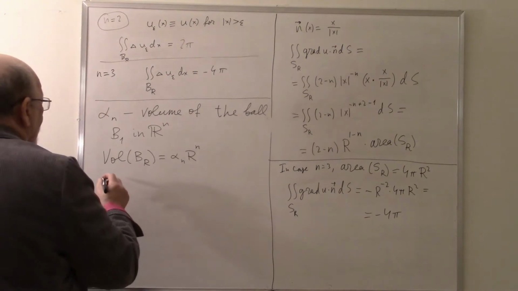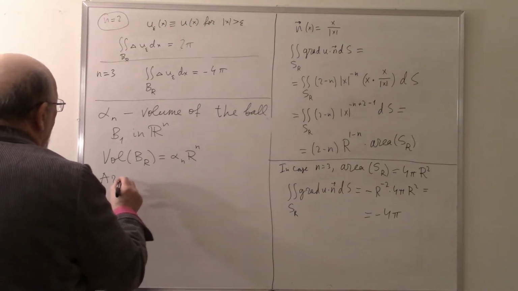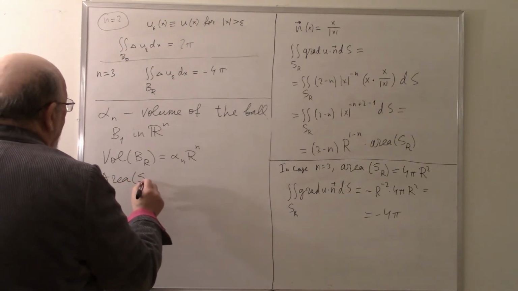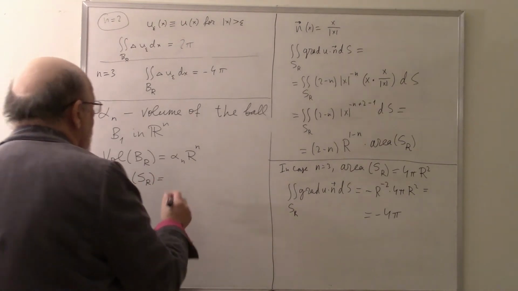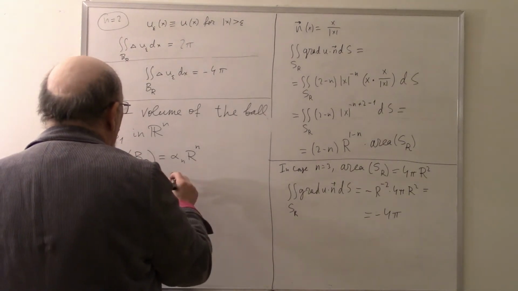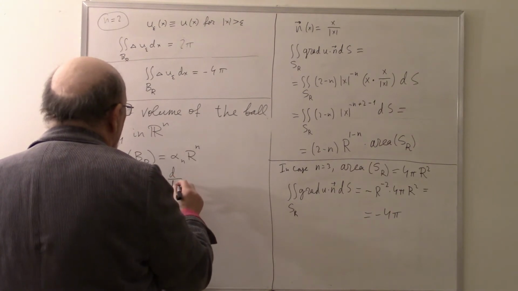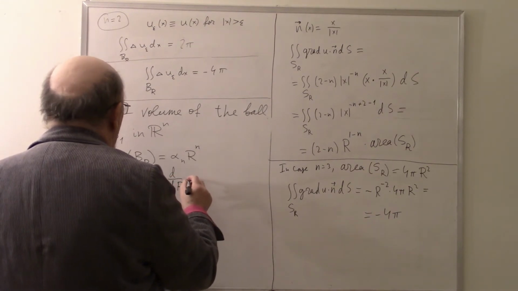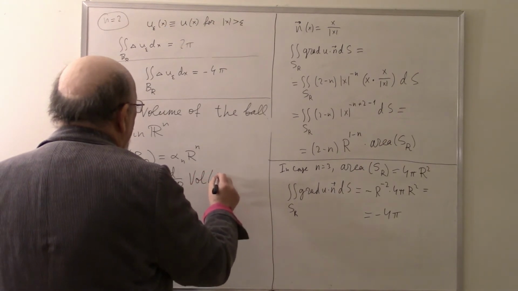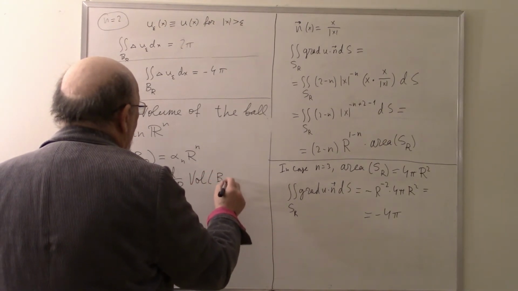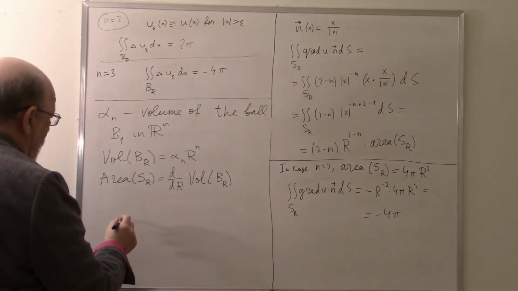Now, the area of S_R equals d/dr of the volume of B_r. Why?